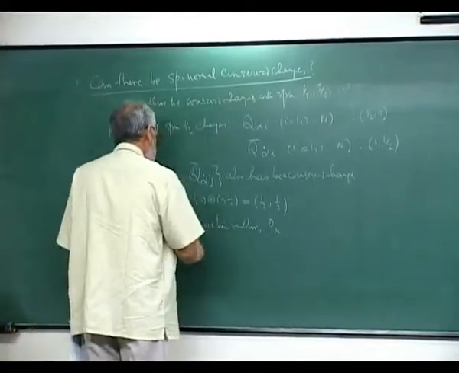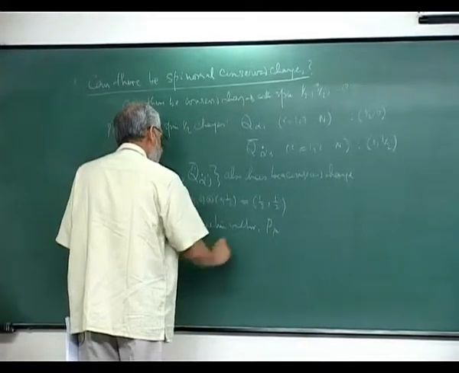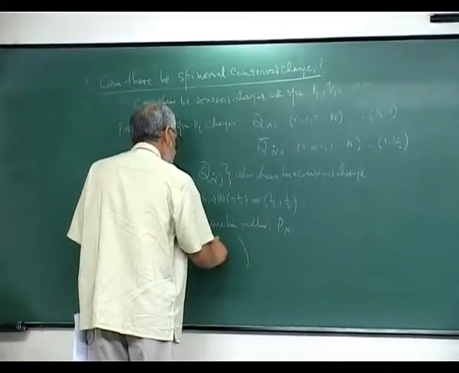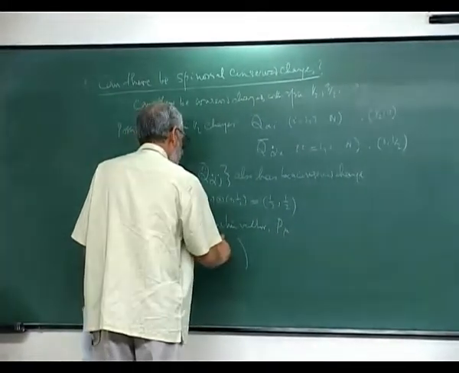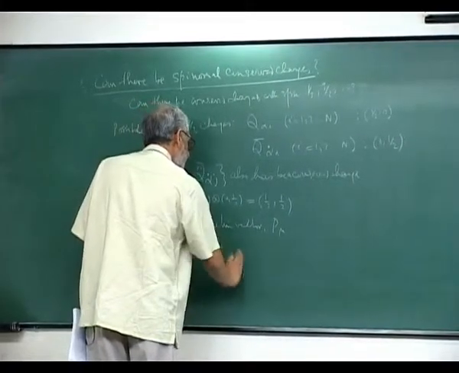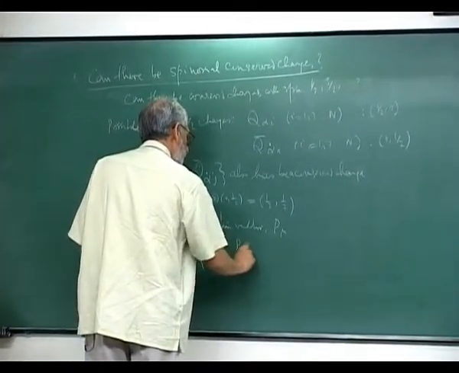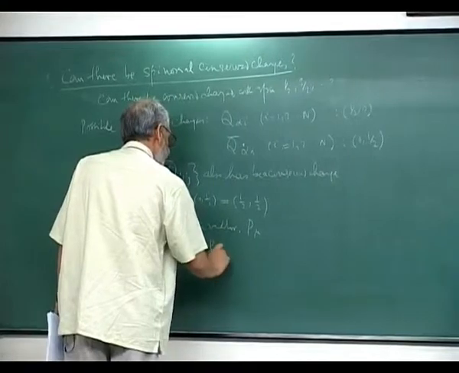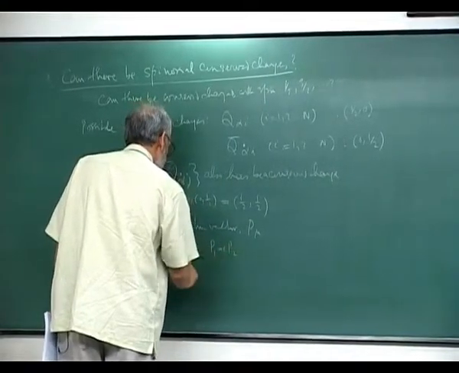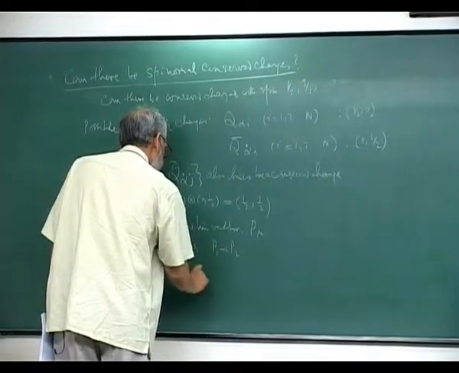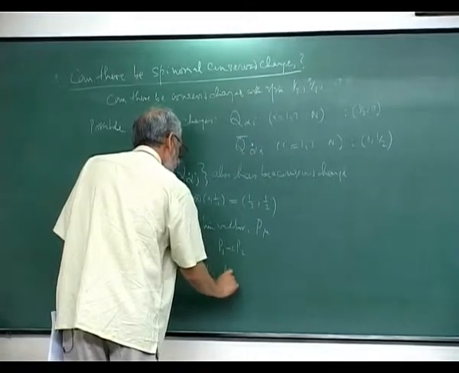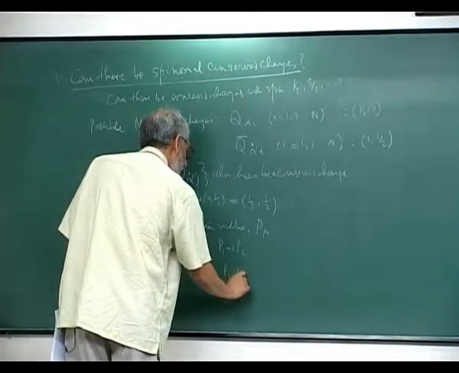You can write P mu in a matrix form: P0 plus P3, P1 minus iP2, P1 plus iP2, P0 minus P3.